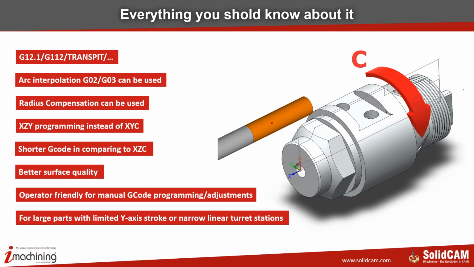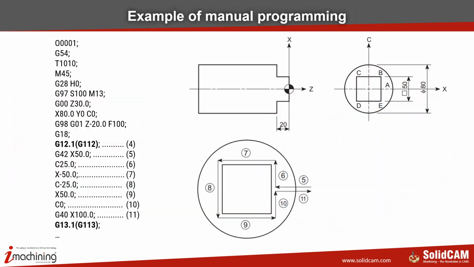The cycle will make it perfect. And the last thing is that it is operator friendly for manual G-code programming and adjustments of the code. So for the operator, it is very nice that he can make manual programming according to the drawing without problems. And here I have an example 12.1, and we'll try to analyze it all together before I go into the code.